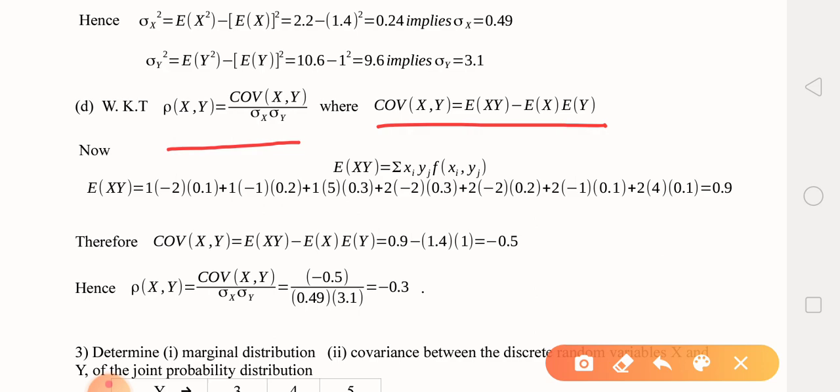Here the work is we have to calculate expectation of xy using the formula summation xi yj f of xi yj. The meaning is consider all possible xy combinations along with their probability and sum them.